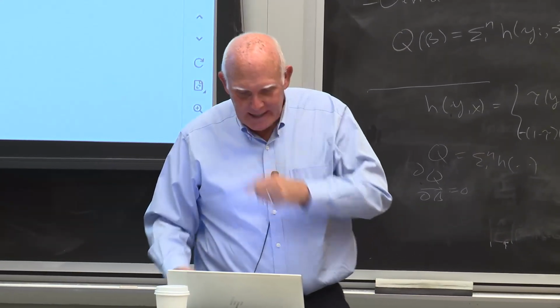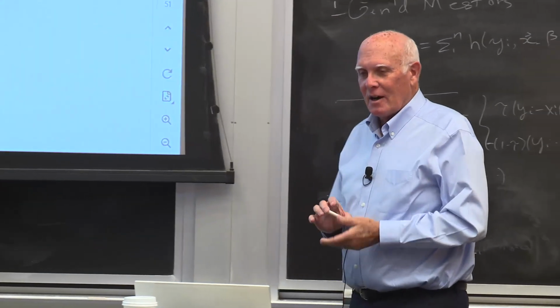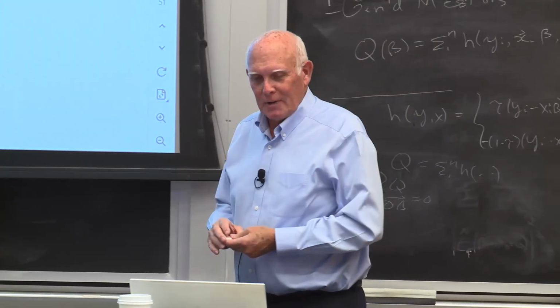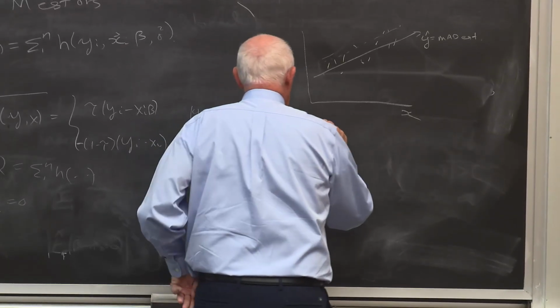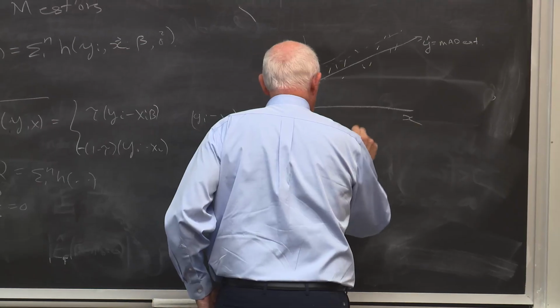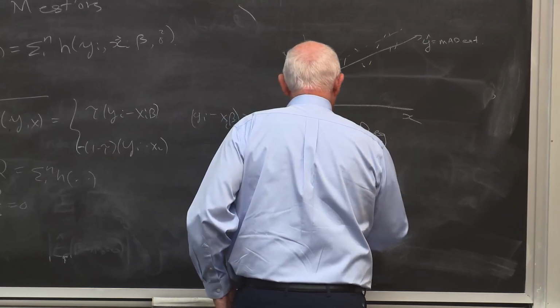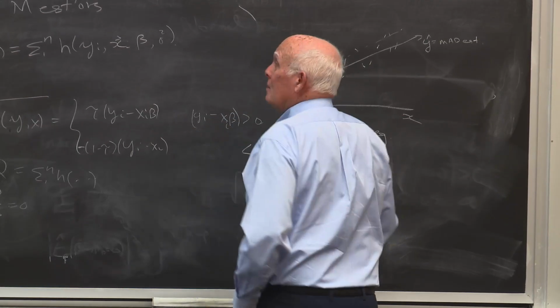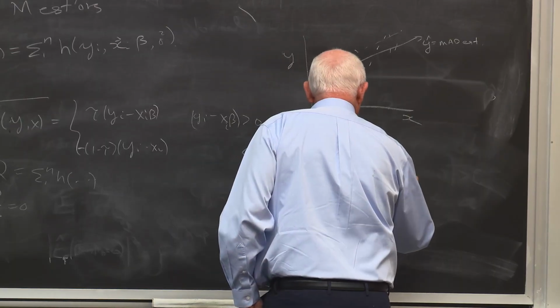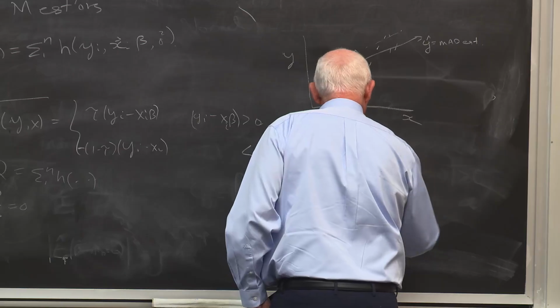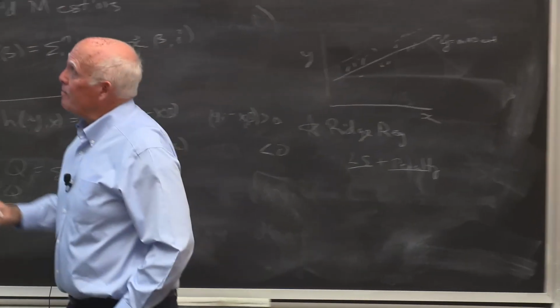Well, let's consider another extension of regression. It's famous enough to have its own name, ridge regression. With ridge regression, we are estimating the regression parameters where basically it's least squares plus a penalty for our criterion.